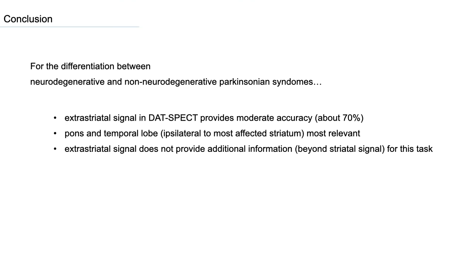From these findings, we conclude that extrastriatal signal in the DAT SPECT provides moderate accuracy for the differentiation between neurodegenerative and non-neurodegenerative Parkinsonian syndromes, that is mainly driven by the pons and the temporal lobe, but that extrastriatal signal does not provide additional independent information beyond striatal tracer uptake.